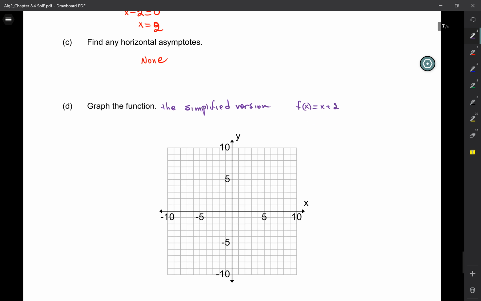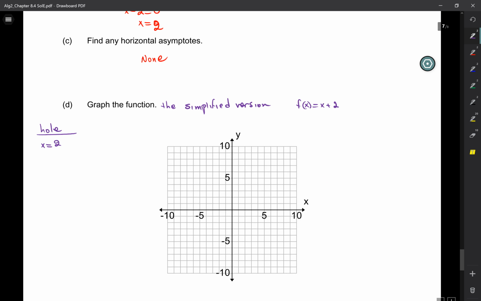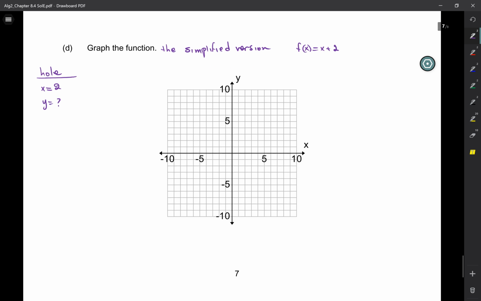Okay, now there is a hole at x equals, what did we say? 2. But where do we place it? Y equals what? So pretending like there was no hole, if we were to plug x equals 2 in here, what would the y value be? 4.